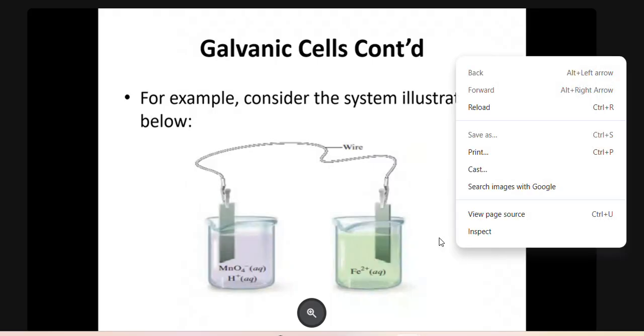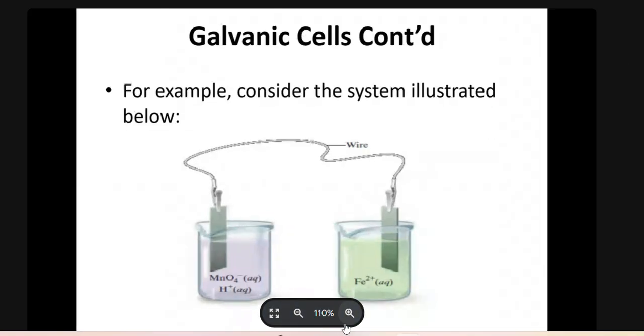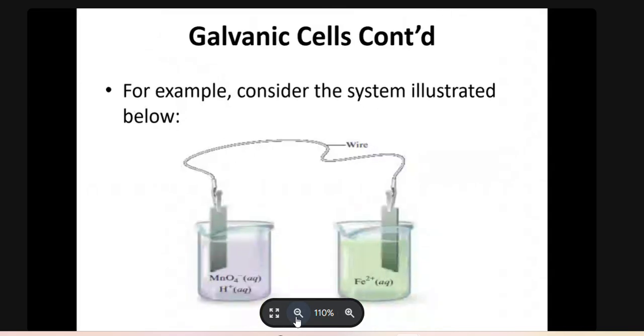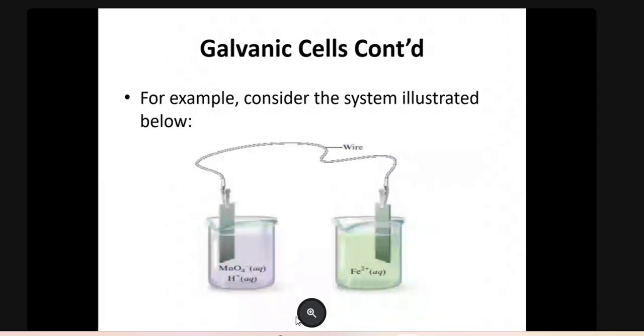So the two pure metals, they act as the electrodes. So the two metals are called electrodes. Then you get these two electrodes, you connect them through a wire.